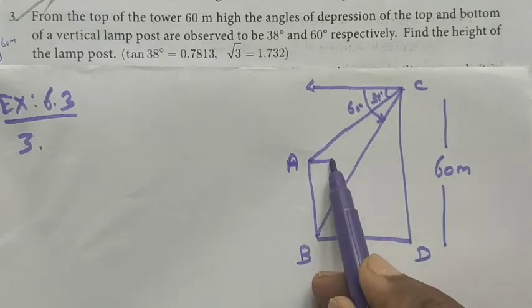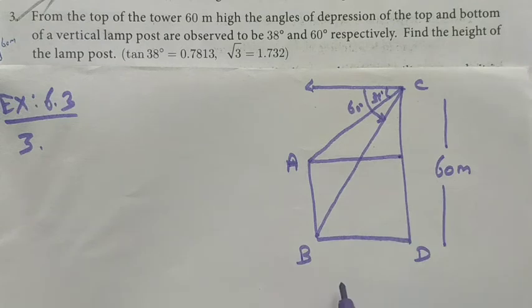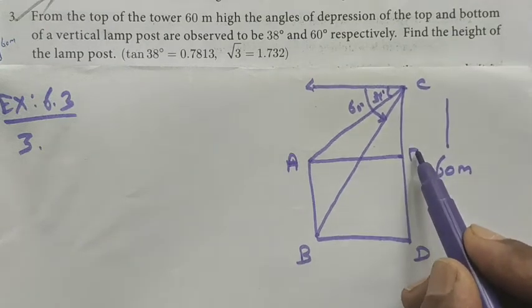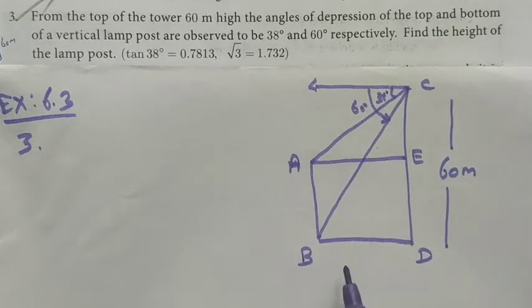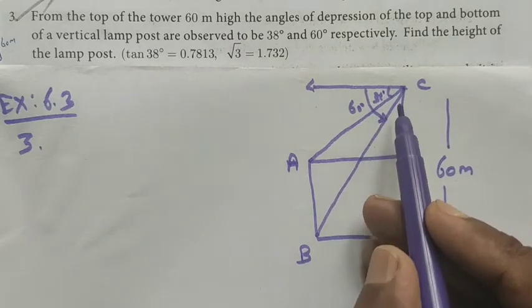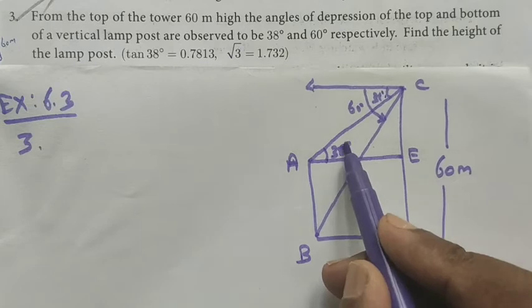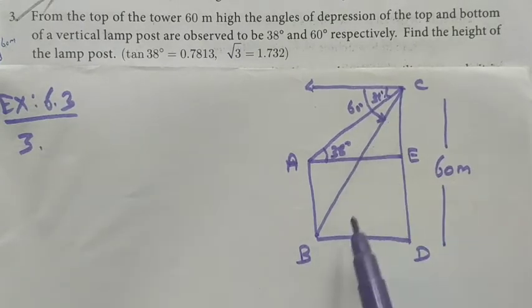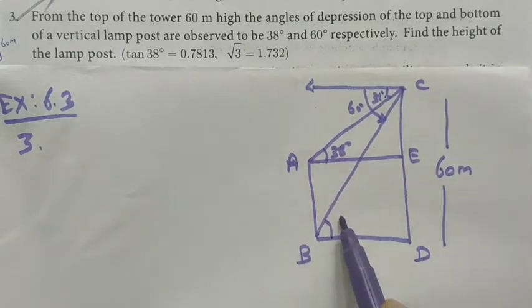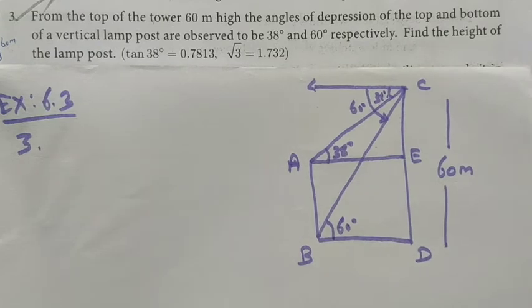Now we draw a line parallel to BD, and let me take this as E. By the transversal condition, this angle is 38 degree, and this angle is also 60 degree.